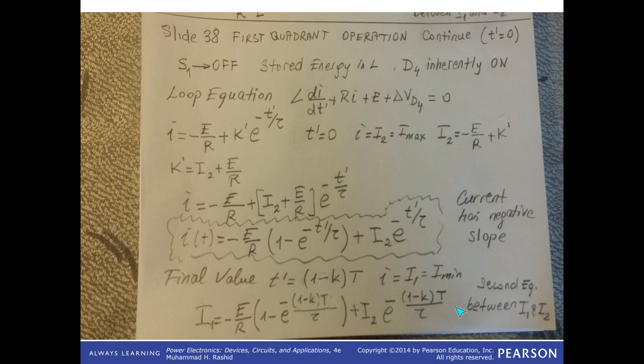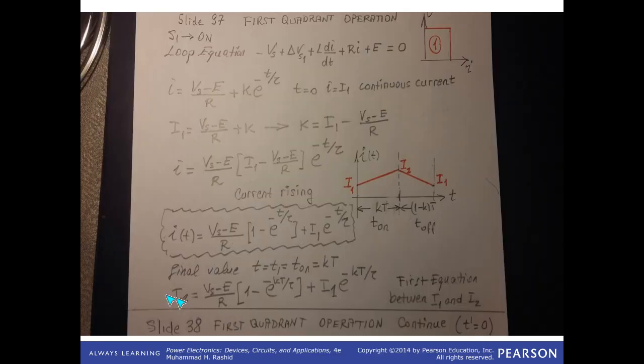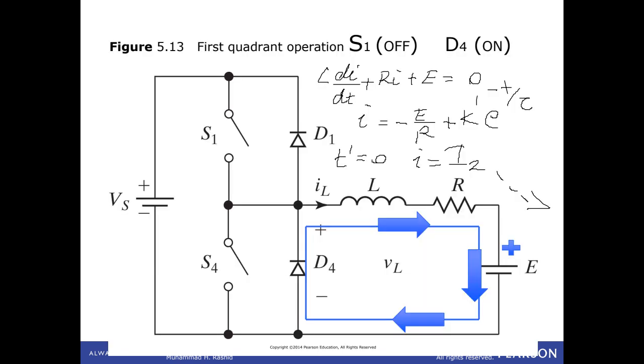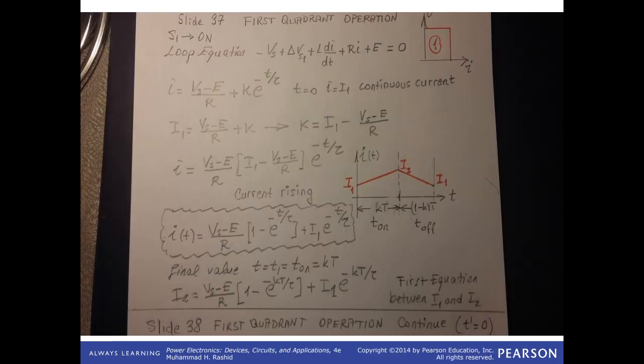So we obtain the second current. The first equation here, I1, sorry, I2. The second equation is here. So in that case, I go back to Mohammed.